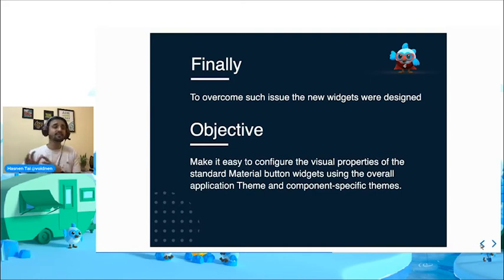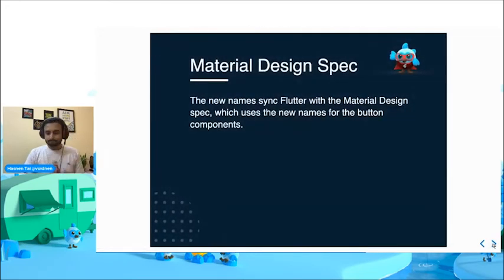As I said, the objective was to make it easy to configure visual properties, so that users can easily manage themes and have their application look pretty good, however they want, right? There was one more important thing: when the material buttons were designed, when Flutter was launched back in 2018, there was a different naming convention for the material design spec.